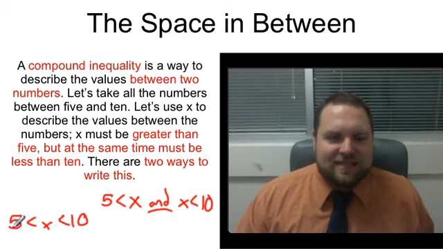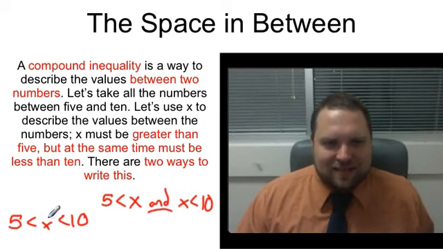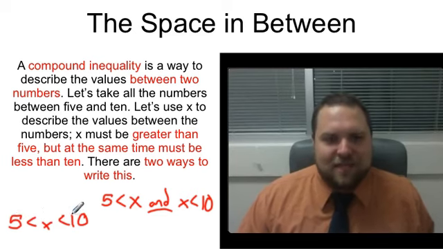This statement says that 5 is less than x, but x is less than 10. So there are two different ways to write this: in this form, where I have two inequality symbols in the same statement, or as two separate inequalities linked by the word and.